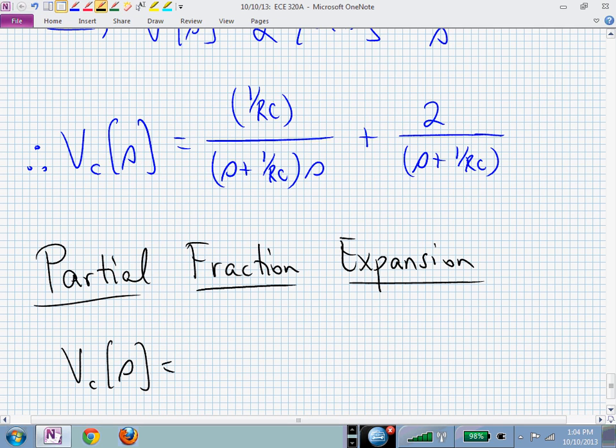The last term, that 2 over S plus 1 over RC, is done. That's fine. Once somebody tells us R and C, we can immediately give an exact expression in the time domain. Is this first term finished? How do we rewrite that as a partial fraction expansion?